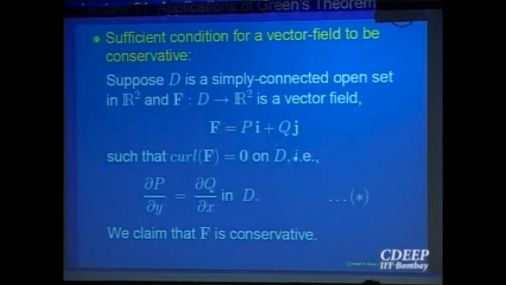But where have I used simple connectedness? I said this theorem is true only when the domain is simply connected. So where have we used the fact of simple connectedness in this? Yes, good.